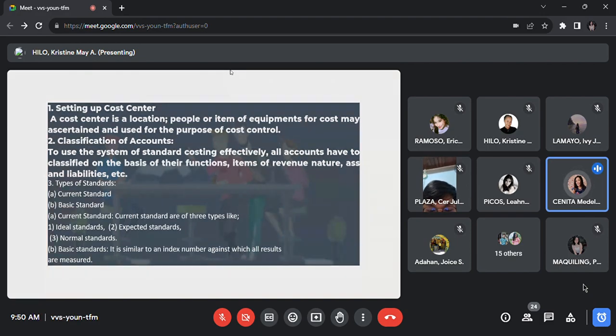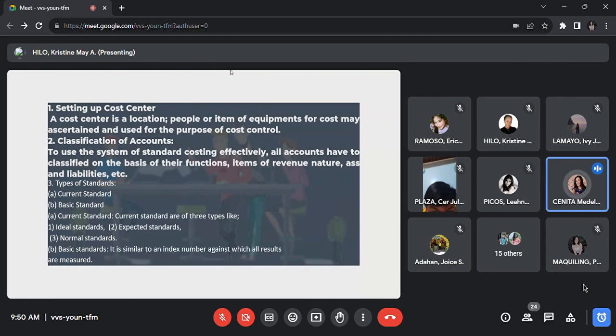Classification of accounts. To use the system of standard costing effectively, all accounts have to be classified on the basis of their functions, items of revenue, nature, assets, and liabilities, etc. Types of standard.